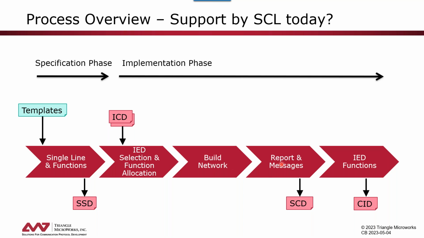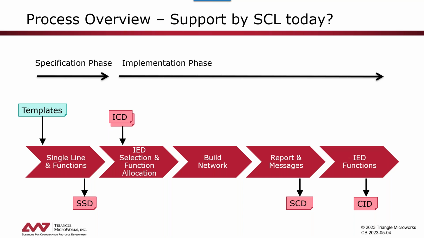When we do a top-down process, at the end we can export what we call the system configuration description file, which contains all IEC 61850 aspects of the system design. This is then used by the IED tools to finally configure the devices and create the final configuration of the devices. We will now go step by step through these different stages and discuss them in a little bit more detail.